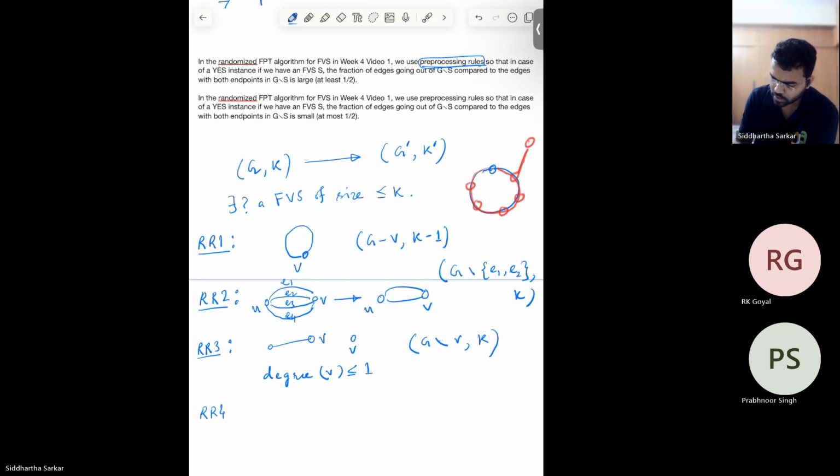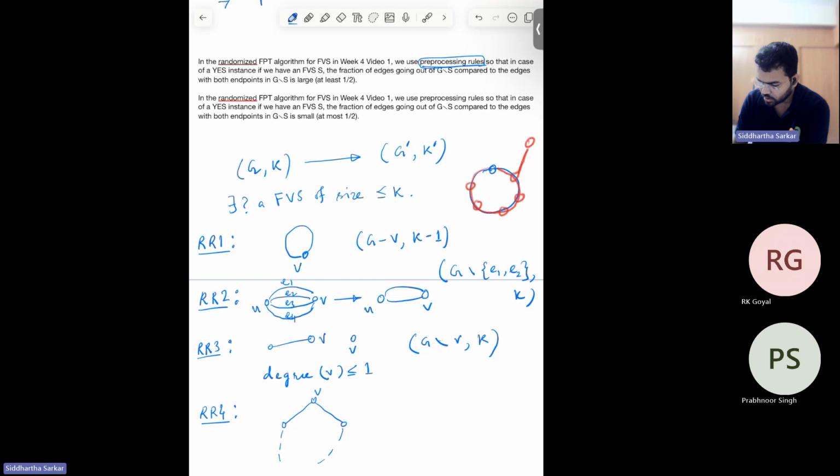Okay. There are five rules. Another rule is that if you identify a degree two vertex, what can you say about whether it will take part in a cycle or not? It is not immediately clear. In this figure I'm showing a degree two vertex, and whether it will take part in a cycle or not depends on the rest of the graph.